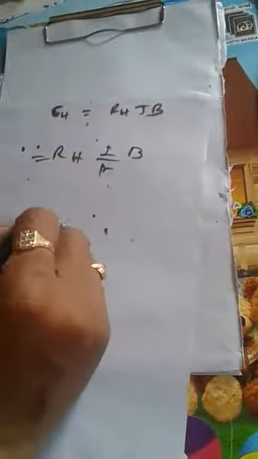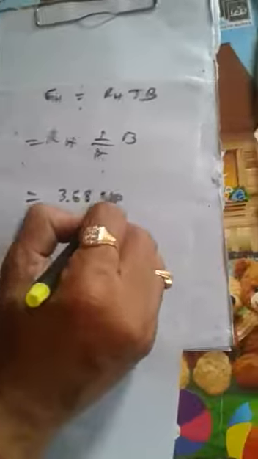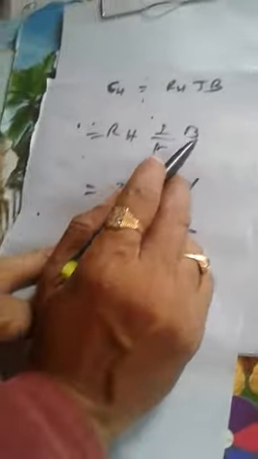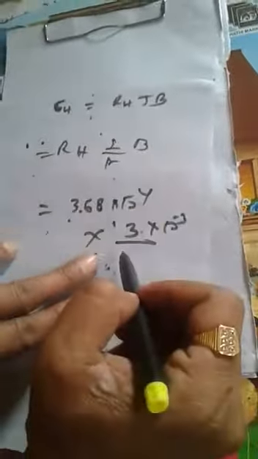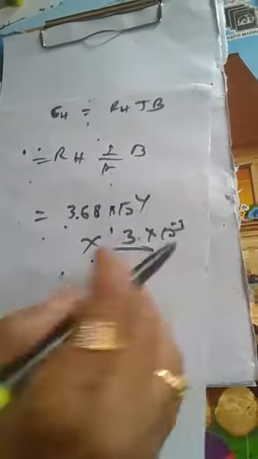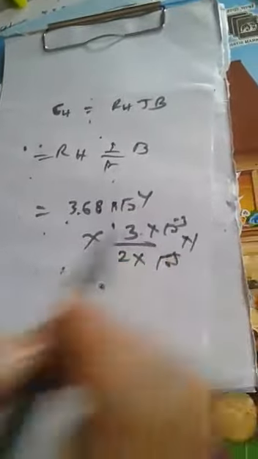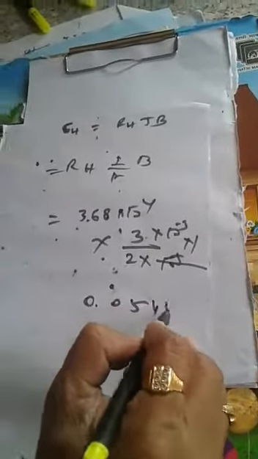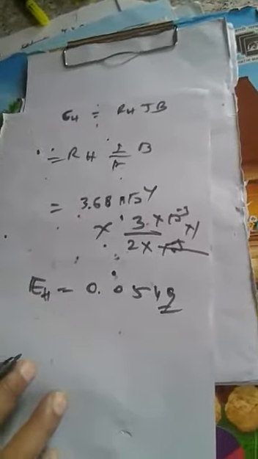RH is 3.66 into 10 to the power of minus 4, I is 3 into 10 to the power of minus 3, area is 2 into 10 to the power of minus 5, and magnetic field is 1. Simplifying this, you will get 0.0549, the Hall field.